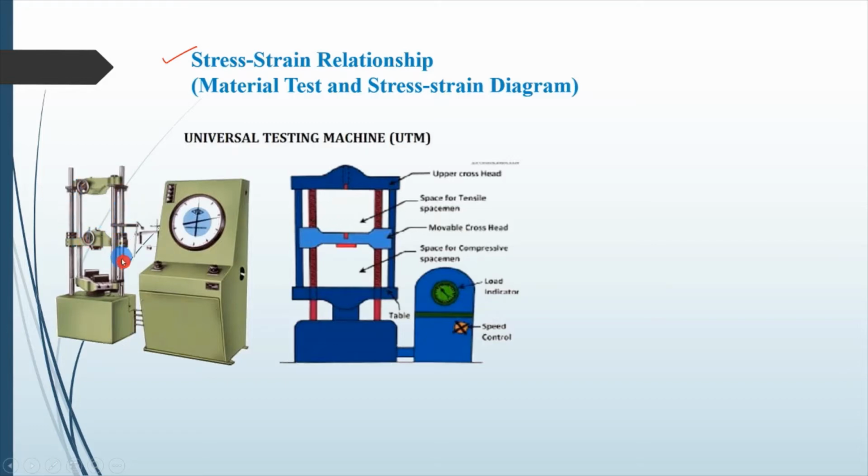Two threaded columns are provided and it is attached to these threaded columns, and it is operated by using an electric drive or electric motor. That moves this middle crosshead in an upward or downward direction depending upon the requirement.